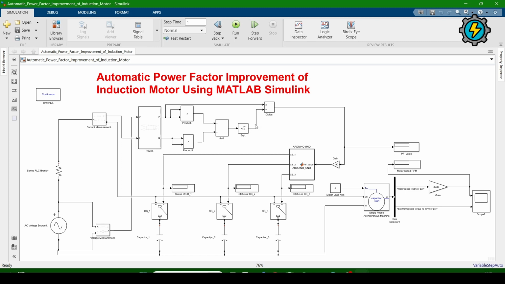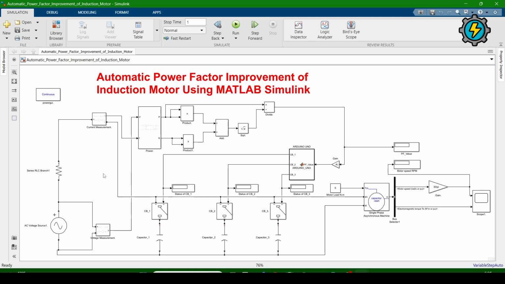So now here it will give apparent power, and then we will get active power. In the formula, cos theta or cos phi is equal to active power upon apparent power. So for that the active power will be divided by the apparent power, and then it will give cos theta, which is basically the power factor. It will show in this LCD.